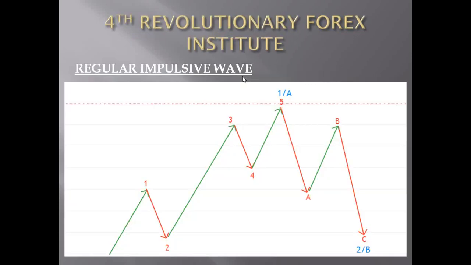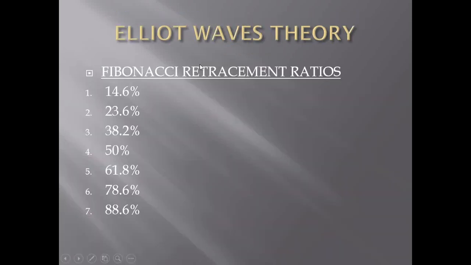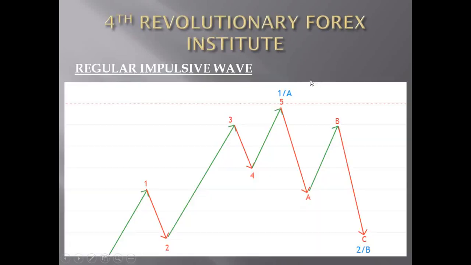You remember that the regular impulsive wave, or the motive wave, is supposed to be completed in 5 waves, and 2 of those 5 waves are correction waves, wave 2 and wave 4. So we use the retracement ratios to find the level of wave 2 and wave 4.